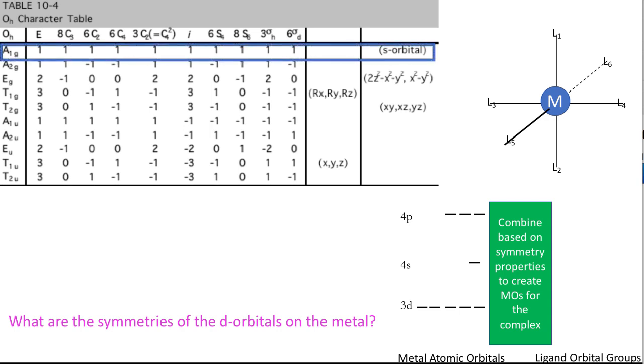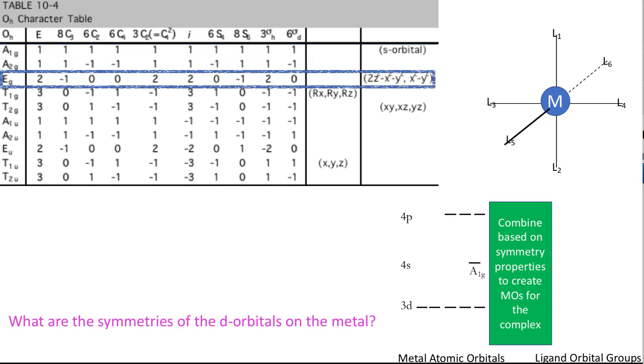The s orbital of the central atom always takes on the most symmetric representation, which for an octahedral complex is A1g. And so we're going to put an A1g label below our 4s orbital in the diagram. We also find that the dz squared and dx squared minus y squared orbitals will have Eg symmetry. So we're going to place an Eg label below two of the lines on our d orbitals, representing the dx squared minus y squared and the dz squared.